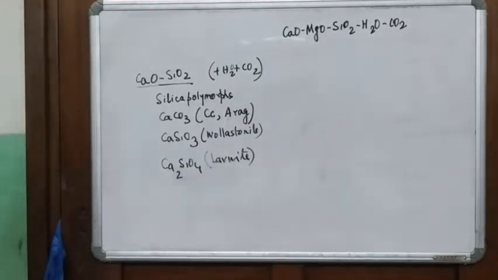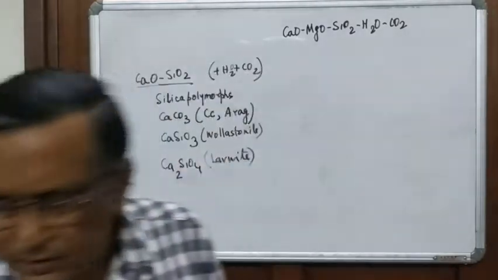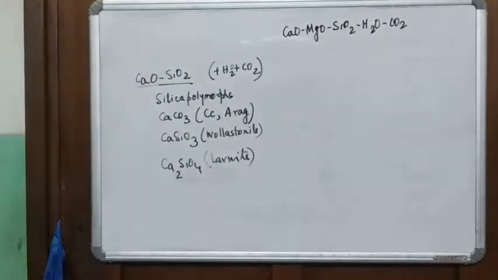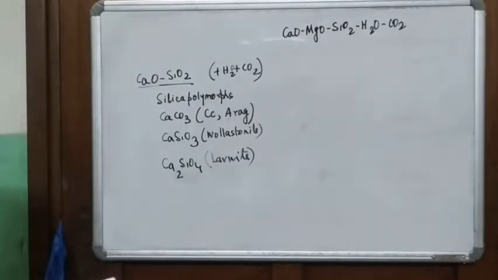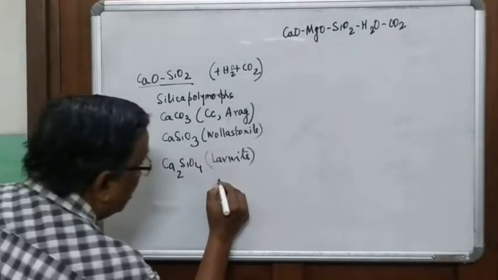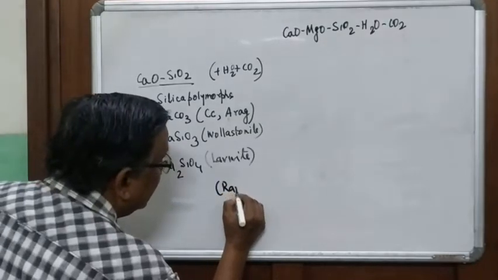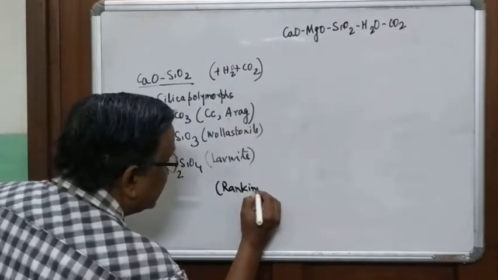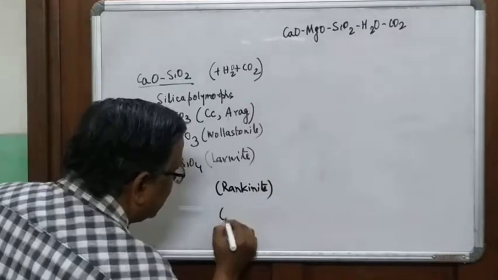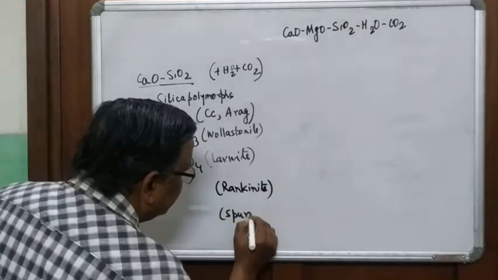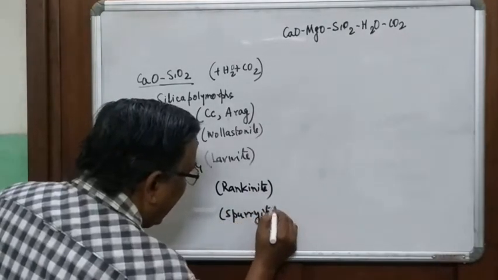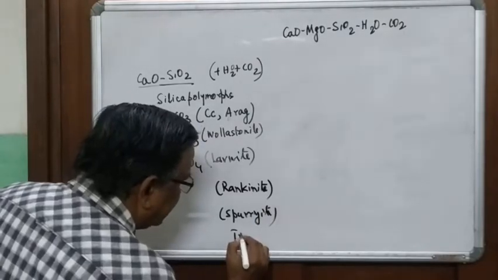Then you have several other minerals. These are not very common minerals, but they do occur in this. And there are some minerals which I will write down now. There is another mineral called rankinite, and then spurrite, and then tilleyite.